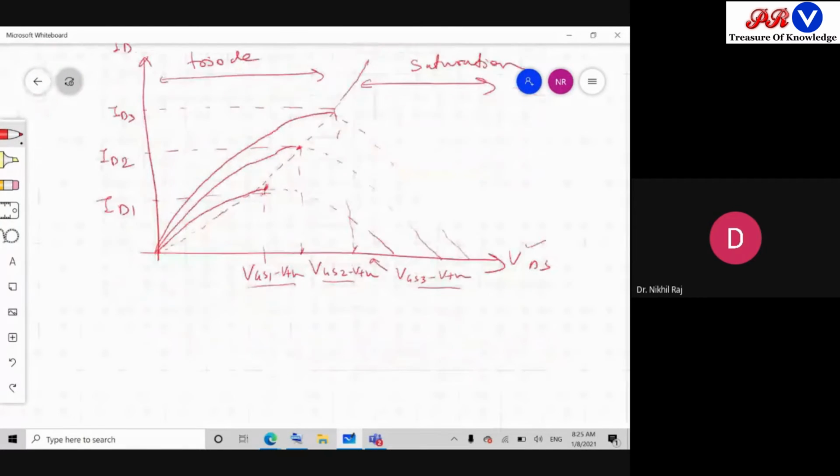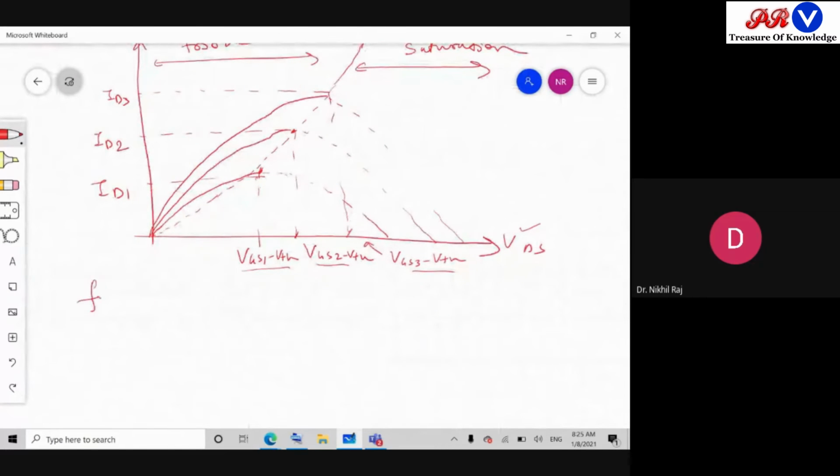Fine. So I can say for VDS less than VGS minus VTH, this is the boundary condition, and for VDS greater than VGS minus VTH, let's say equal to also here, these two regions exist in this graph.